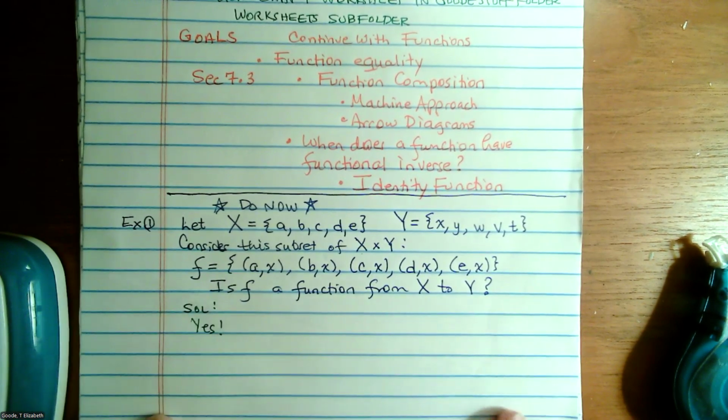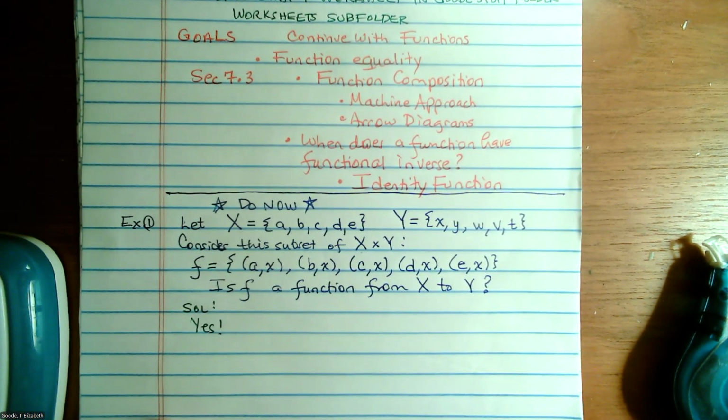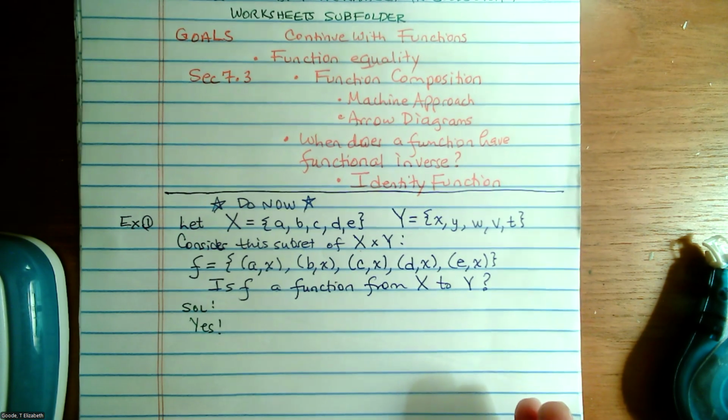And if we wanted to write one sentence to explain why we think it's a function, could you do that? Take 30 seconds and write a short sentence to justify that it is a function, because you're going to have to do this on test 3. You're going to have to write some justification sentences. It's good to get a little practice.